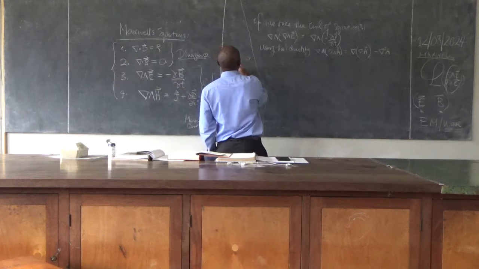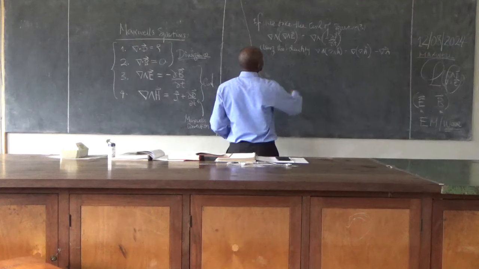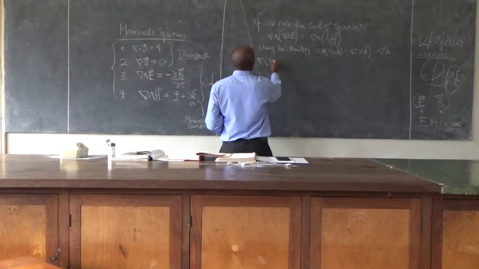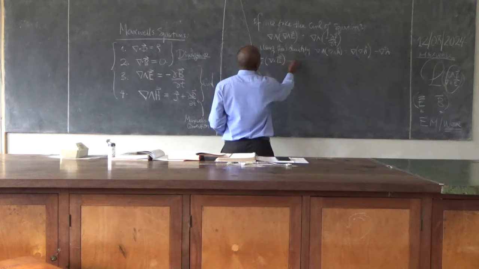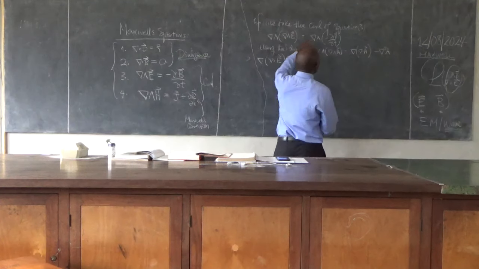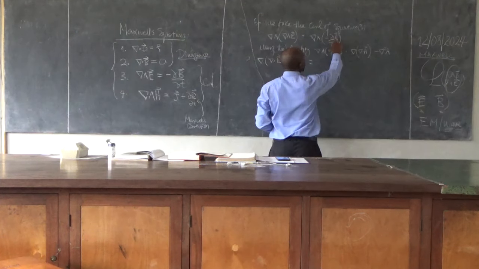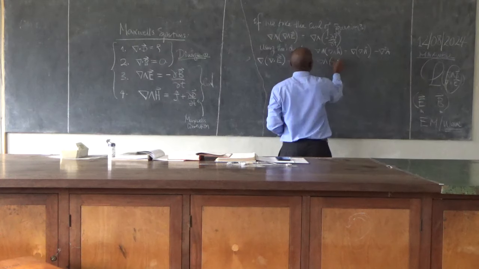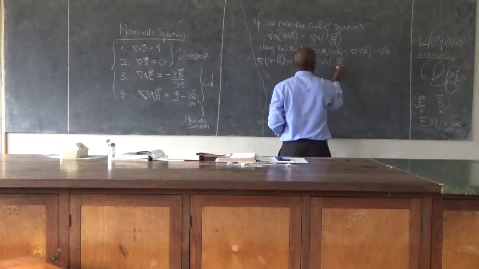This would imply that this other equation would give me grad divergence of E minus grad squared E equal to, I just take it as it is for now.